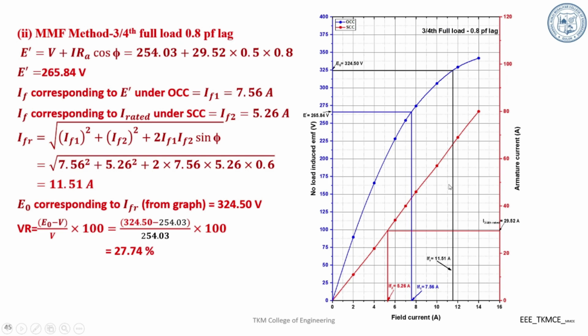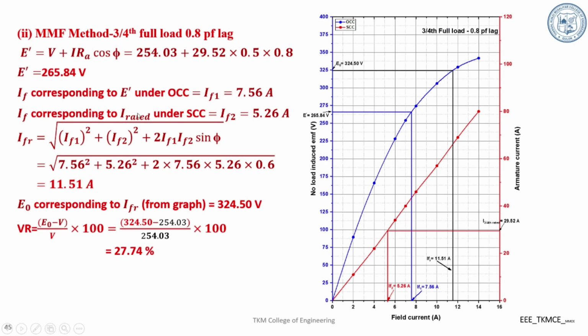After plotting OCC and SCC, we need to calculate E dash. Here I is the 3/4 full load current. So substituting all these parameters in this expression, E dash is obtained as 265.84 volt, and corresponding to 265.84 volt from OCC, the field current IF1 is 7.56 ampere.